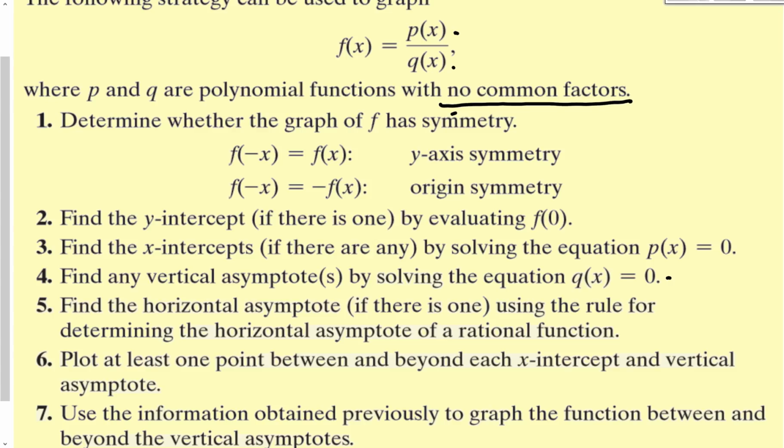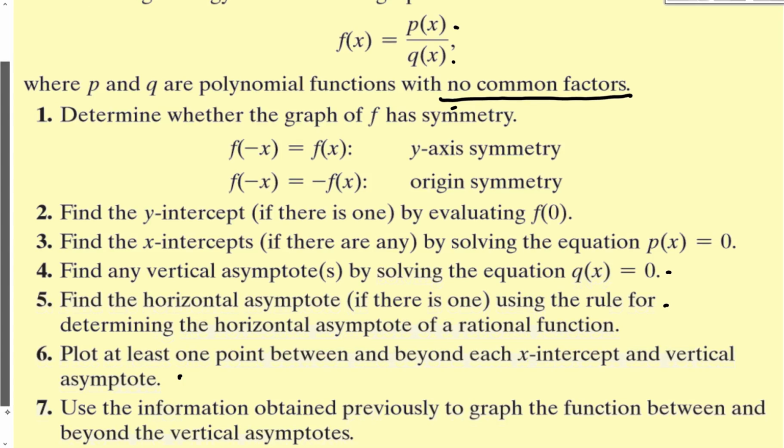Next, we are going to find the vertical asymptotes by setting q of x equal to 0. We are then going to find the horizontal asymptotes by using the rule for determining horizontal asymptotes of a rational function by comparing the degree of the top and the bottom. Then you're going to have to plot some points between and beyond each x-intercept and each vertical asymptote.